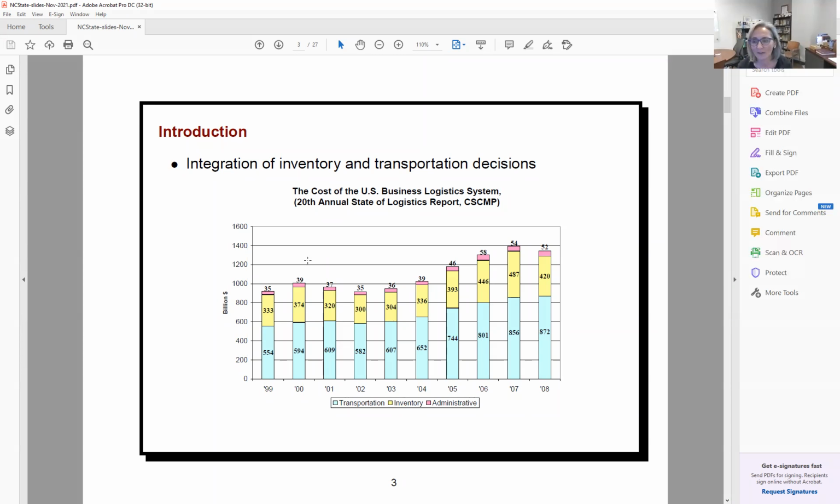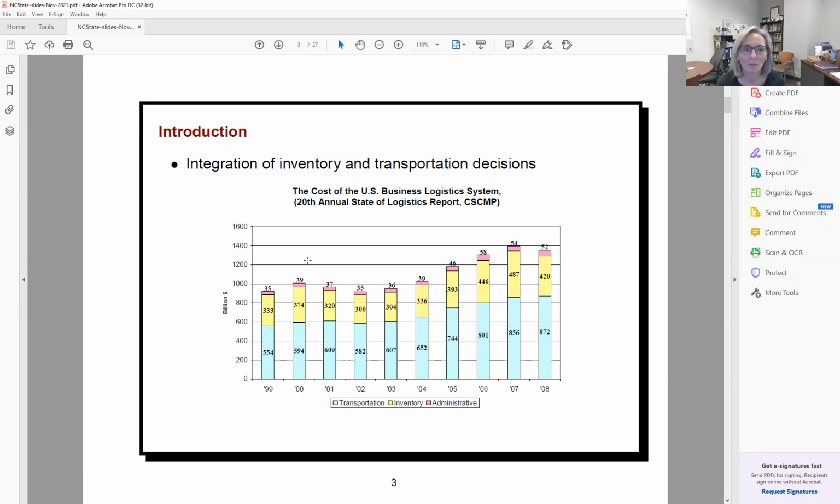The chart I have here goes back to 1999, the time period when internet sales started booming. In the first decade of internet sales, the transportation and inventory costs together increased by about 40% nationally in the United States.